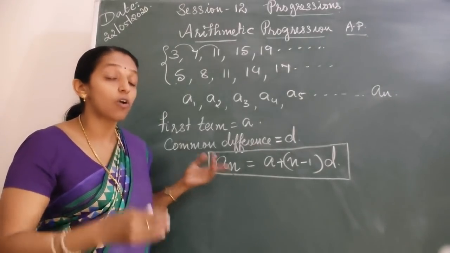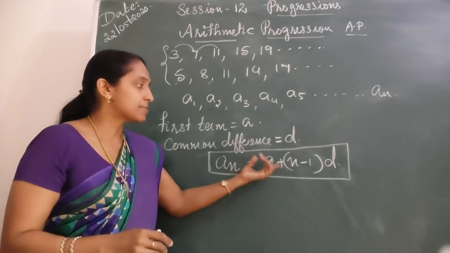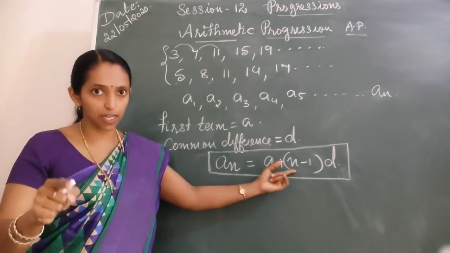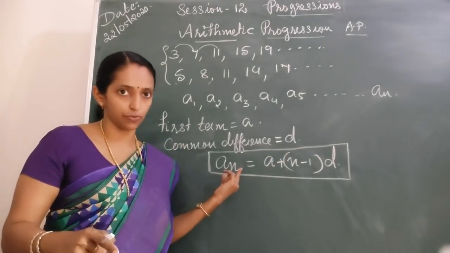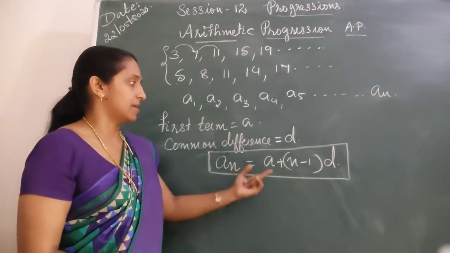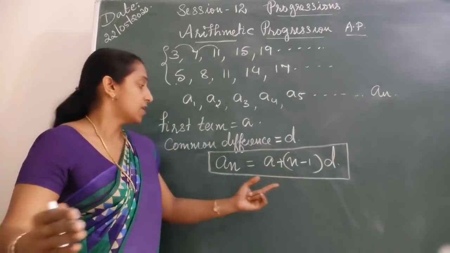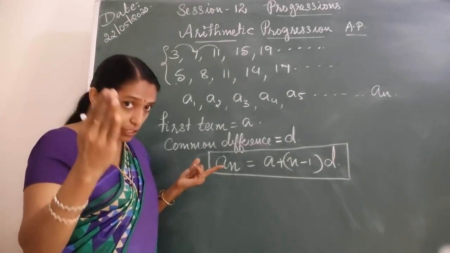You will substitute in the formula: A plus 7 minus 1 into D, that is A plus 6D, equal to the 7th term, and for the 12th term, A plus 12 minus 1 into D.